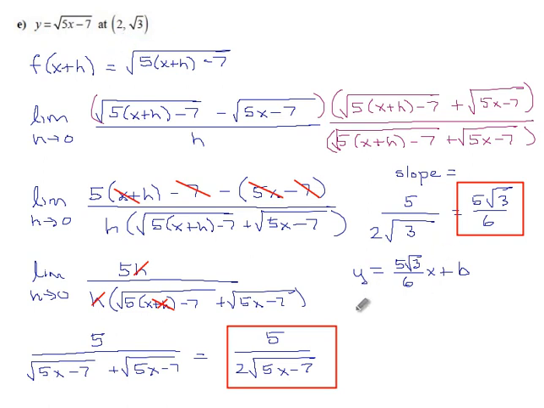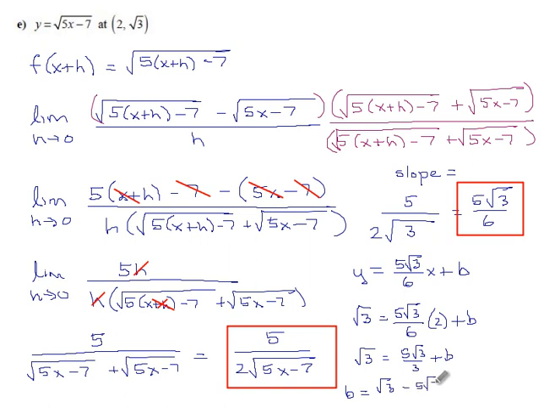So y equals 5 root 3 over 6 times 2 plus b. Root 3 equals, that's 5 root 3 over 3 plus b. Subtract and you get b equals a horrible looking thing.